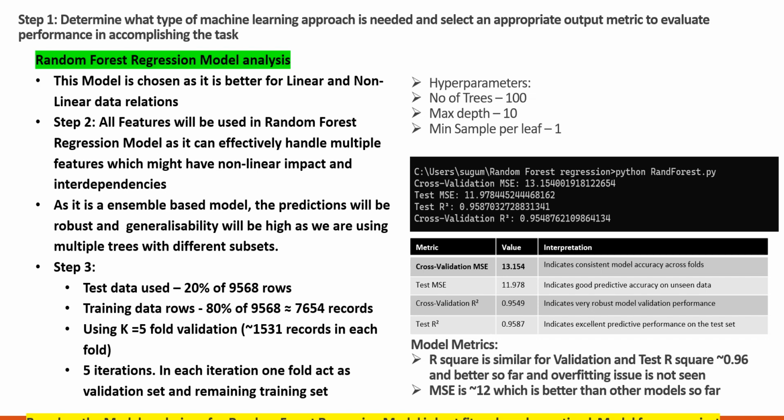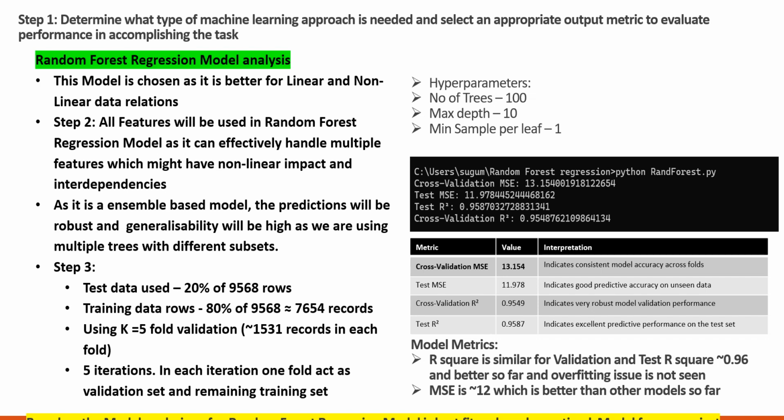If you see the R square and MSE value, the R square has considerably improved. It's 96%. MSE is around 11. If you remember, we started with an MSE of 20 for multilinear regression, and it has considerably improved so far.